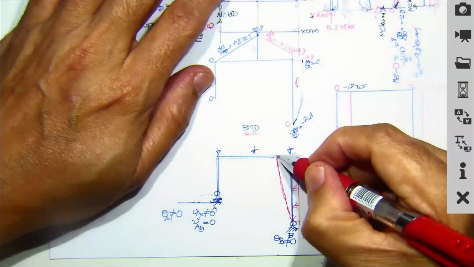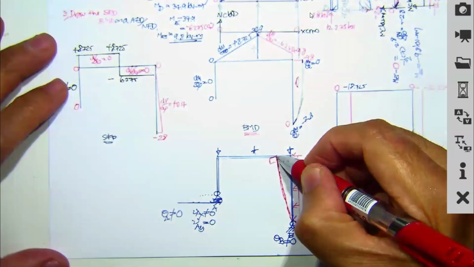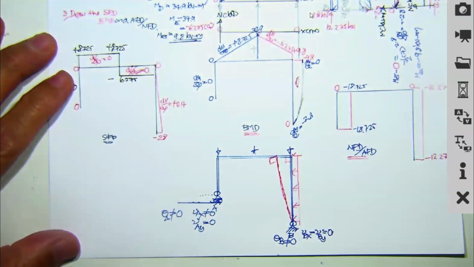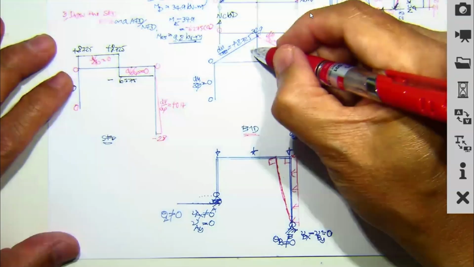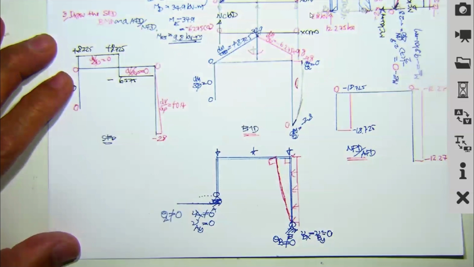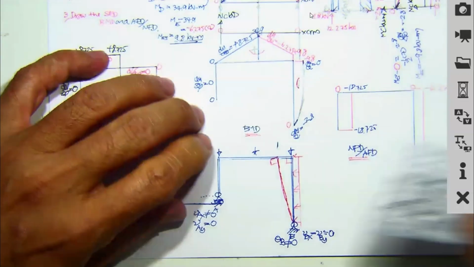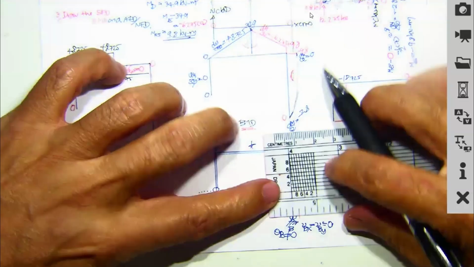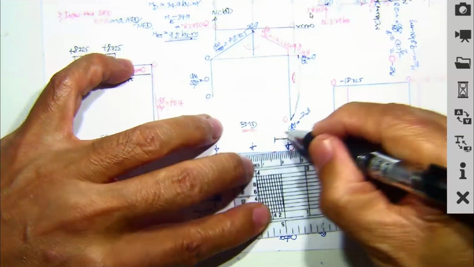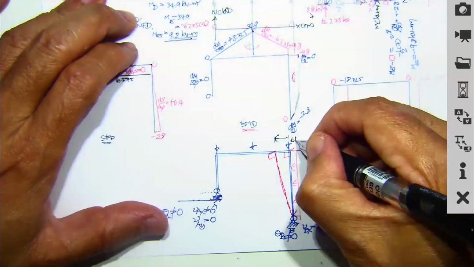Then over here, rigid joint. This one must be kept 90 degrees as before, and then subjected to the moment like this one. If this one moves in this direction, let me put this one. This is 6 kilonewton.